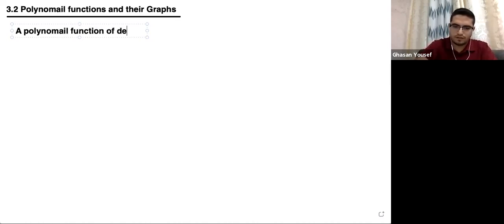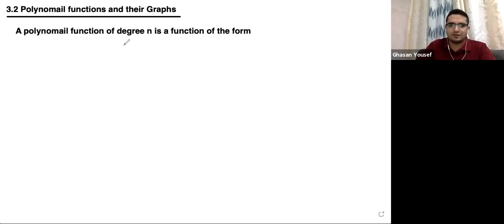of degree n is a function of the form f of x equal, here f of x or p of x. So the polynomial function is a function of this form, p n of x.